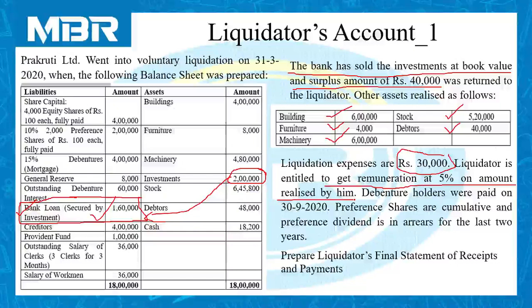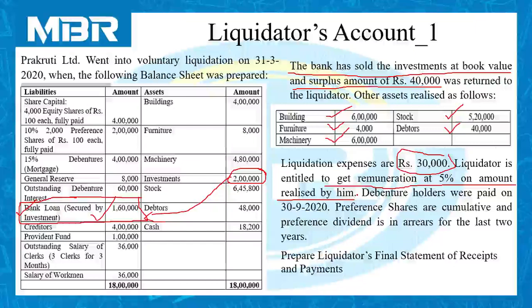In the first line, information regarding liquidation expenses is given, and the liquidation expenses is rupees 30,000. In the second line, it is given that liquidator is entitled to get a remuneration at 5% on amount realized by him.